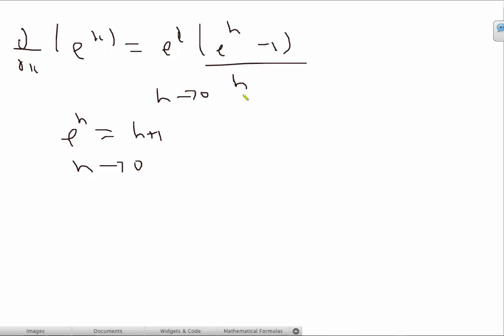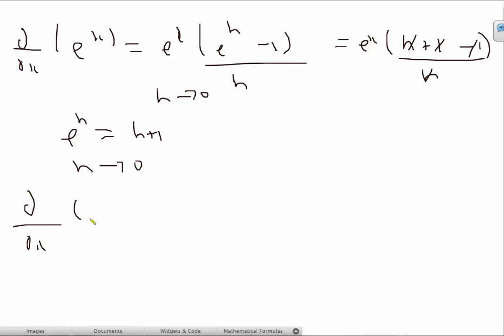So we can substitute that over here, and if we do that, we'll get e^x times (h + 1 - 1), so this just cancels off, divided by h. And now we can see that both of the h's cancel off as well, and so we're left with a very simple expression: the derivative of e^x is simply e^x.